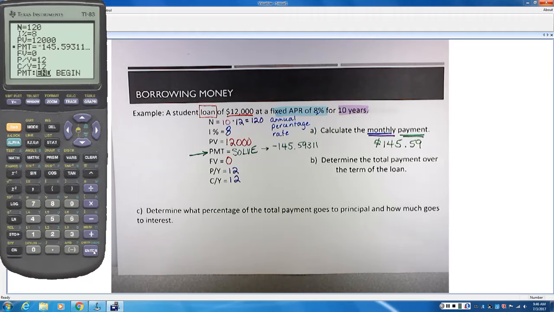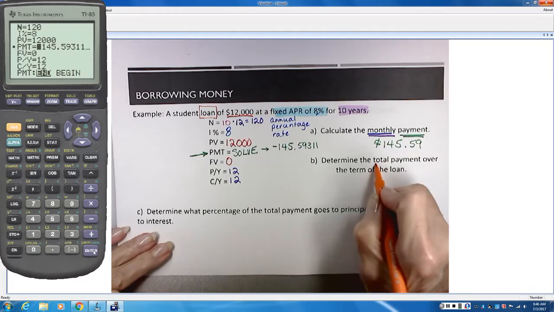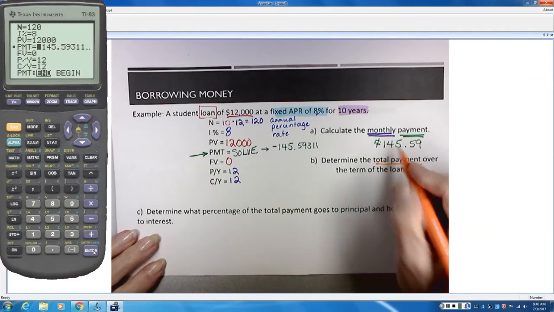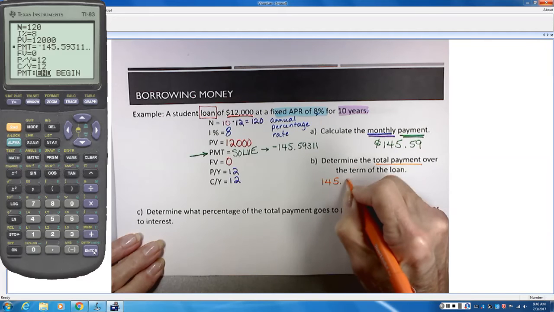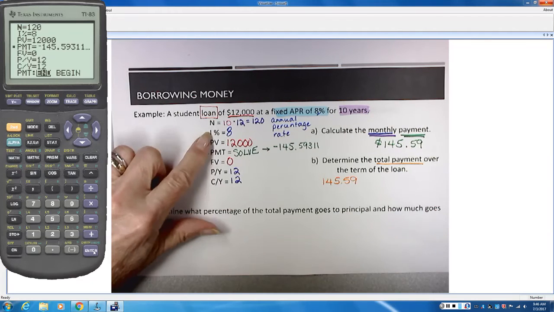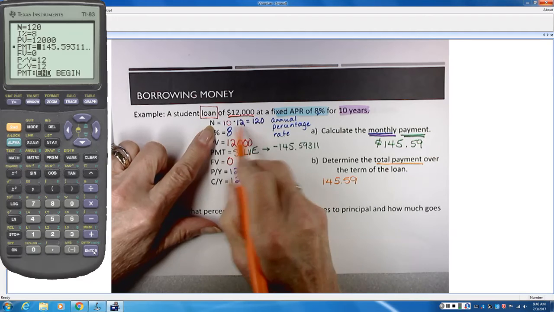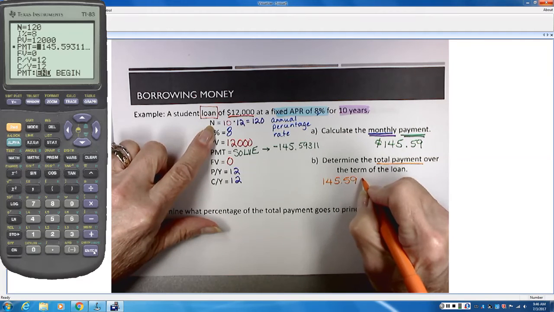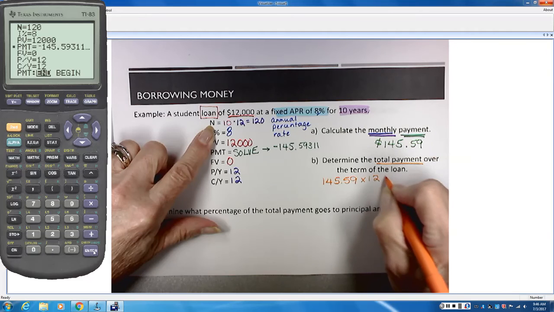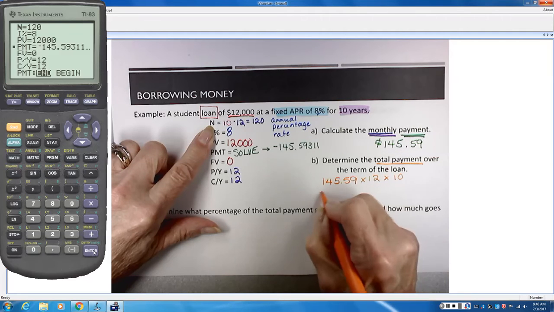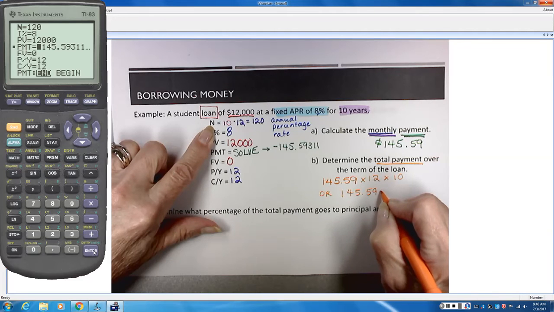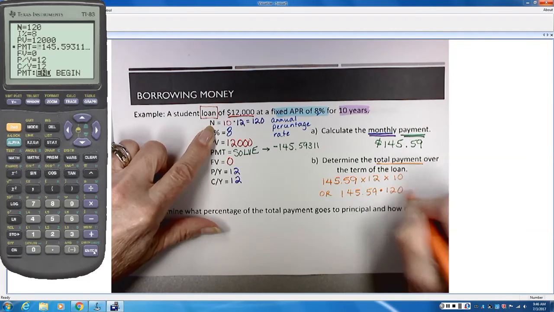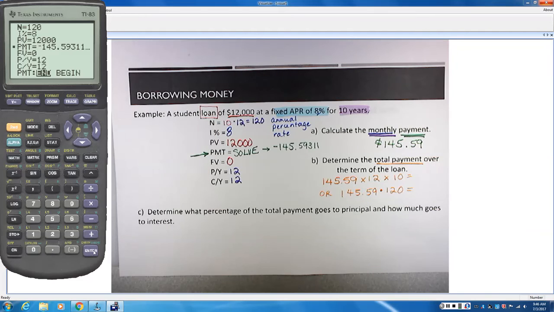The total payment means that you're going to make payments of $145.59 once a month, for 10 years, 12 times 10, you're going to do that 120 times. And we'll get the same answer either way.